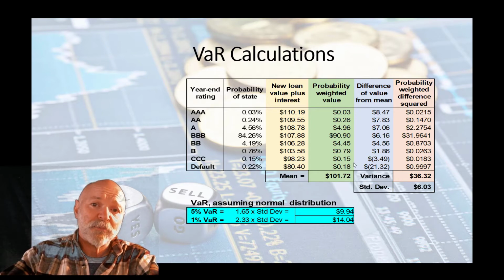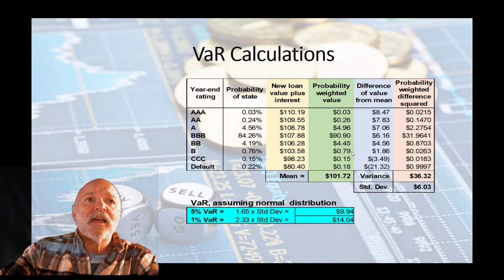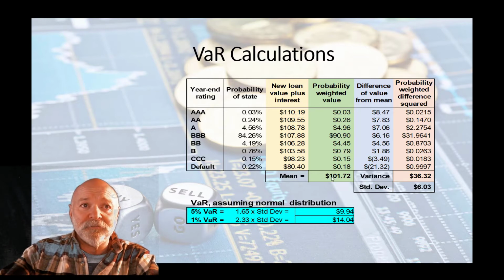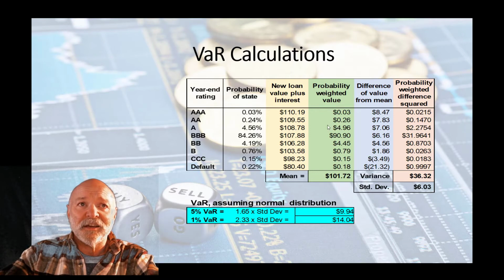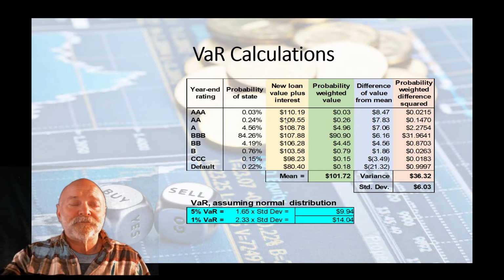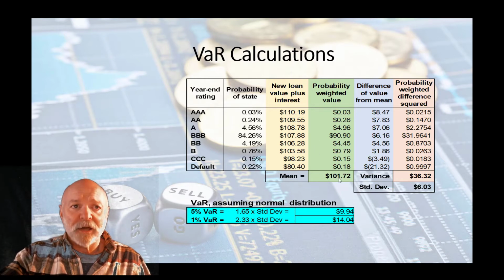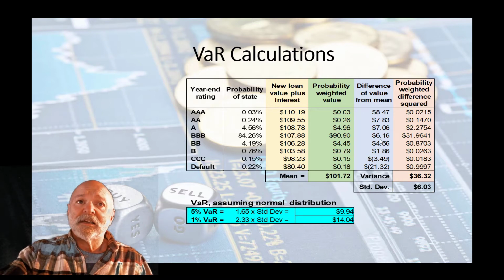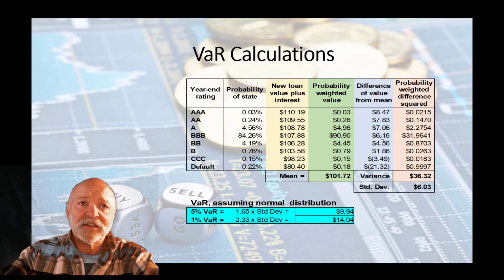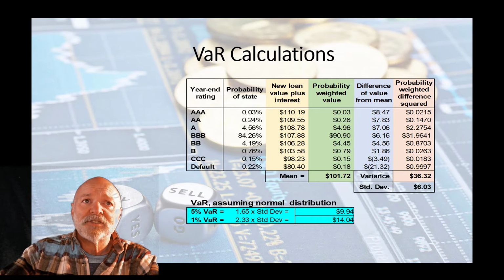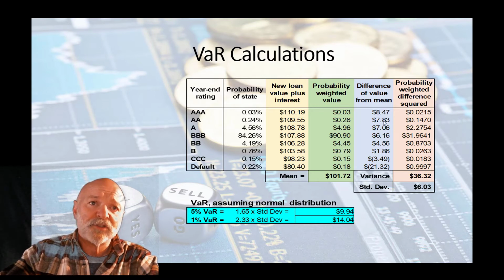Essentially, that's how much we would pay for that bond. And the difference between the value that we have, 107.88, the yellow bar, minus 101.72 is $6.16.